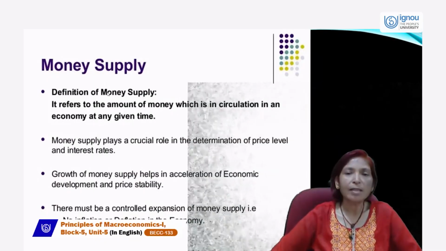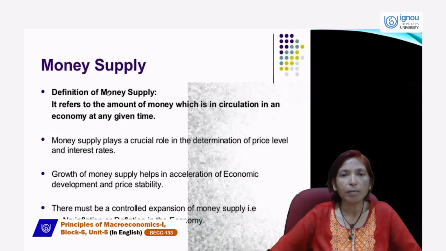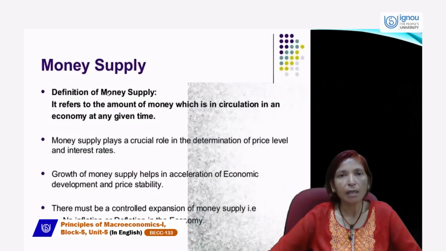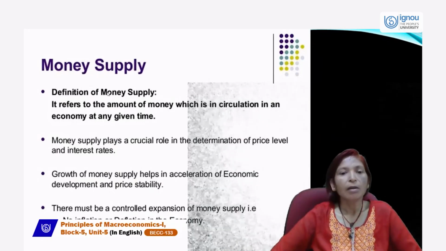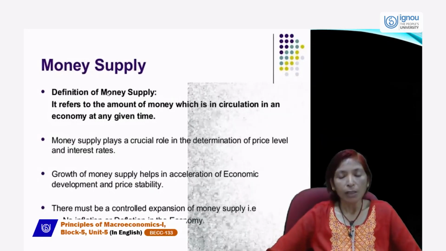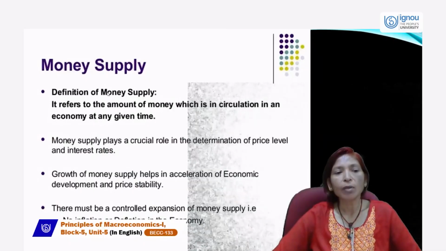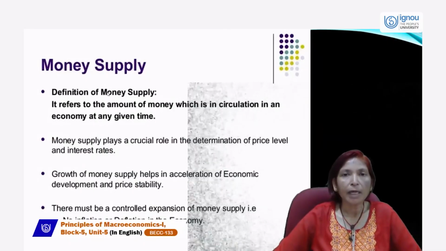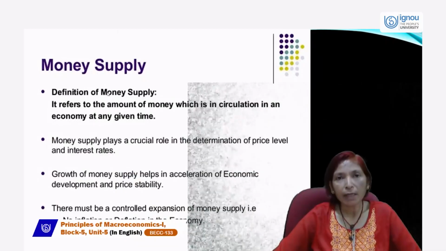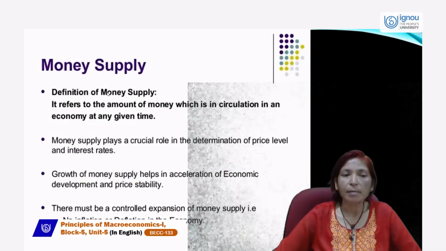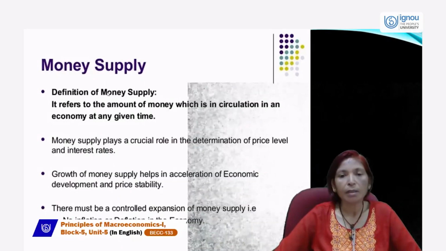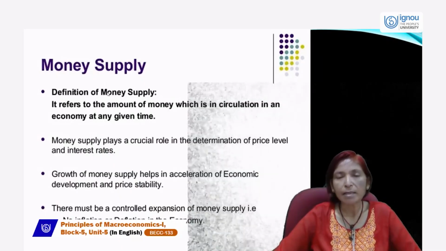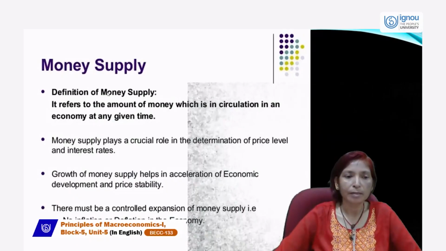Or in other words, money supply means the total amount of money held by the public, or the total money in circulation in an economy and held by the public. That is called money supply.